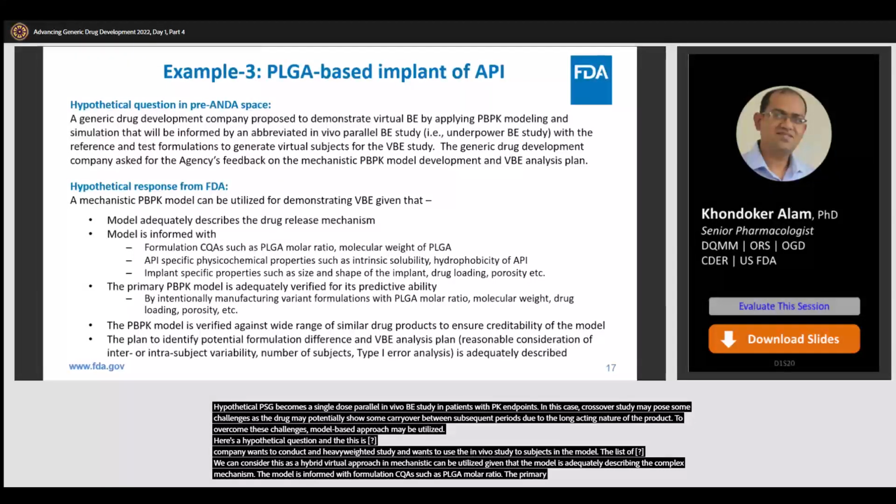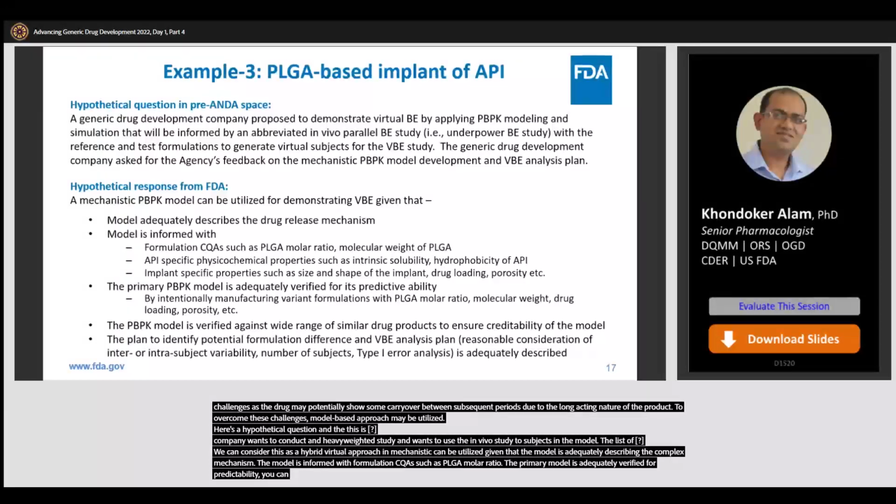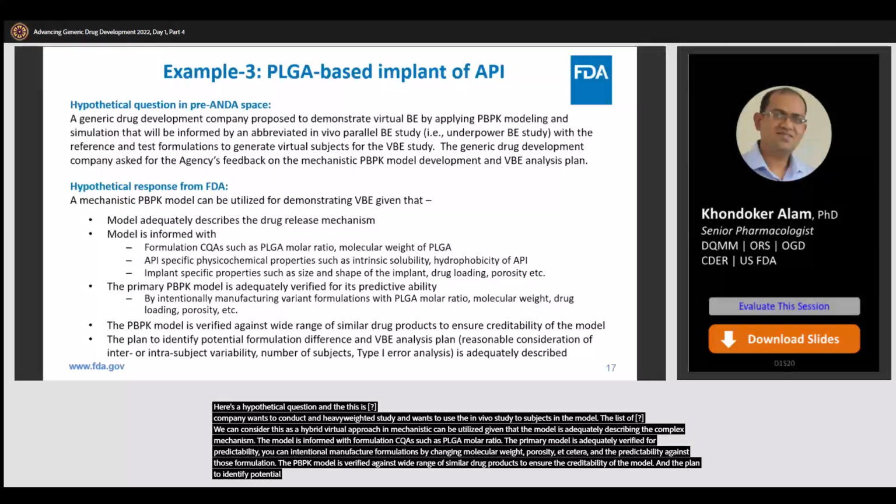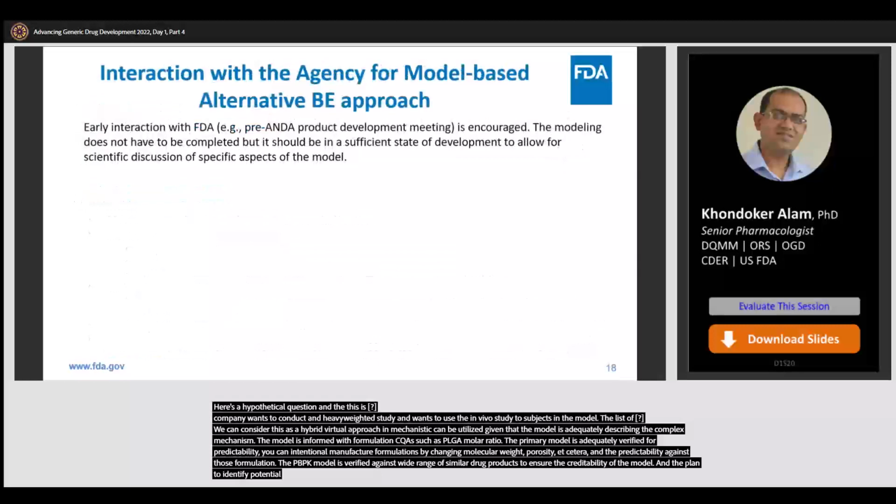For example, you can intentionally manufacture variant formulations by changing PLGA molar ratio, molecular weight, drug loading, porosity, etc., and assess the model's predictive ability against those formulations. The PBK model is verified against a wide range of similar drug products to ensure the credibility of the model, and the plan to identify potential formulation difference and virtual bioequivalence analysis is adequately described.